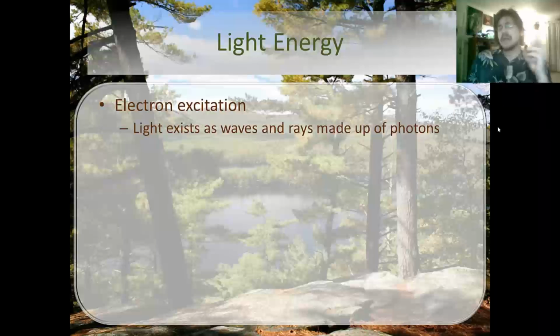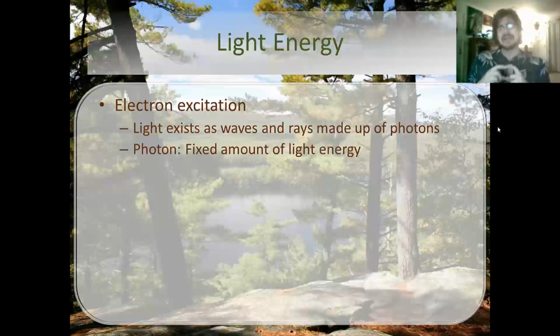In order to talk about how light causes excitation, we need to understand that light exists as waves and rays made up of photons. What is a photon? It's relatively easy. A photon is what we refer to as a fixed amount of light energy.